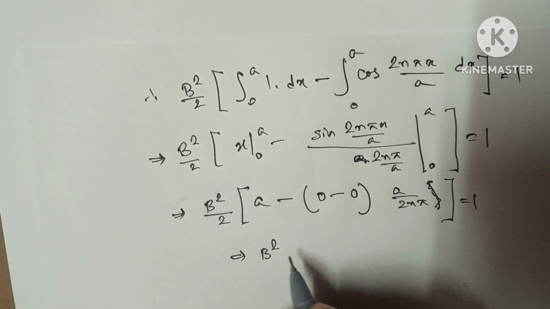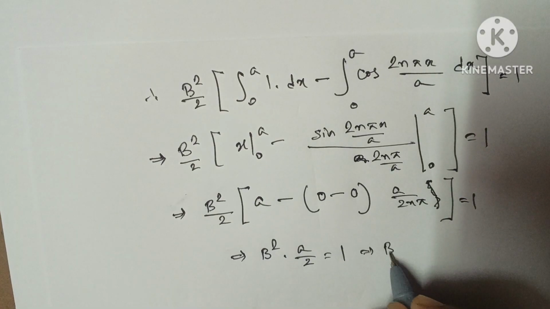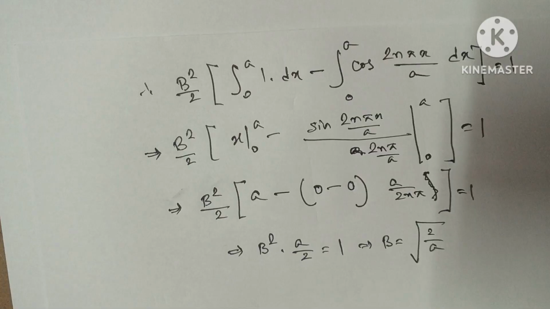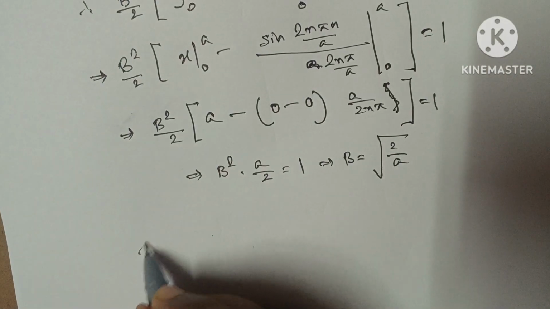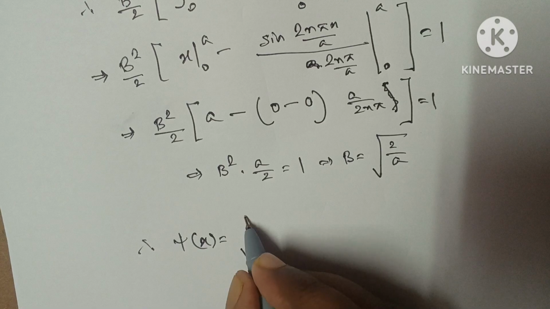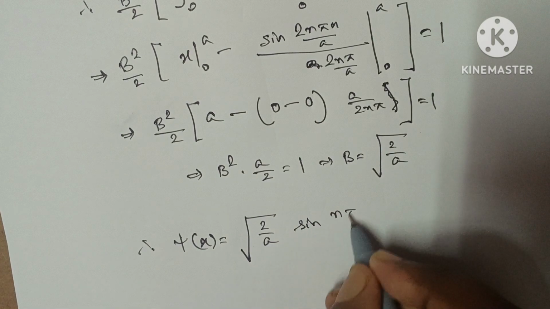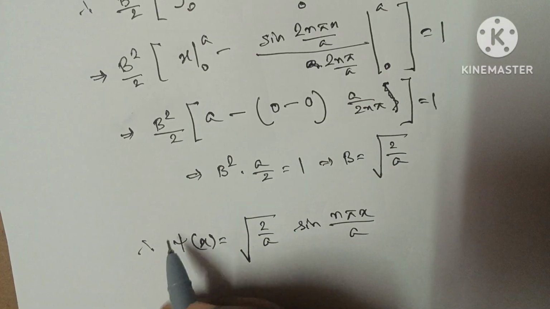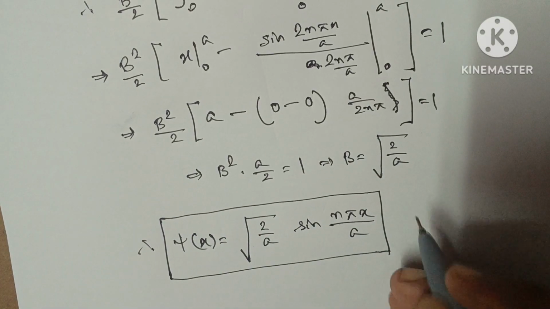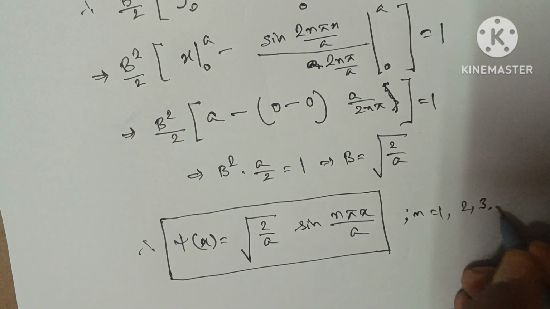Therefore b square into a by 2 is equal to 1. Therefore b, taking the positive value, is root 2 by a. Therefore psi of x is equal to root over 2 by a sin n pi x over a. This will be the function where n is equal to 1, 2, 3, etc.